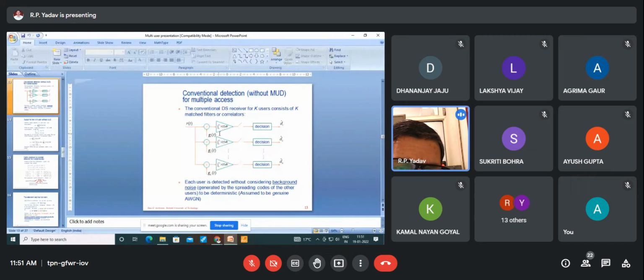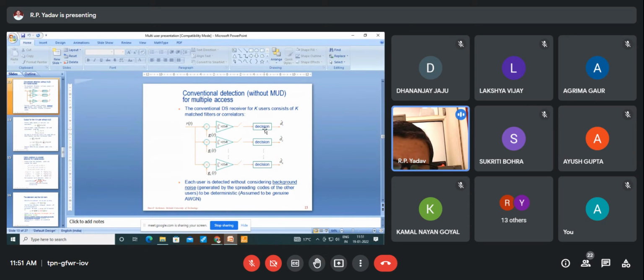So I have x1, x2, x3, x4, whatever the number of users is, and I correlate the incoming signal with that particular code, g1, g2, g3. The product of my incoming signal with my code is fed to the matched filter or correlator receiver.